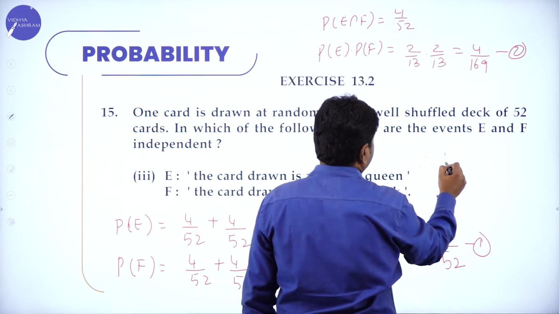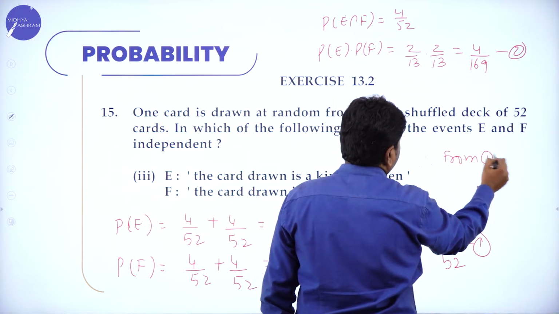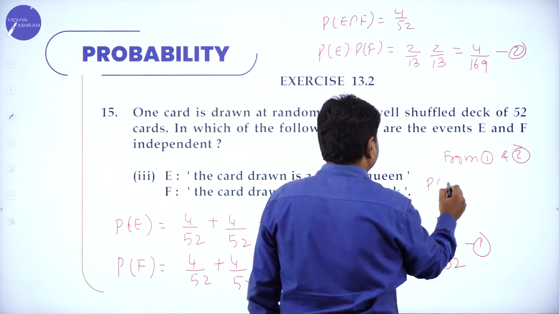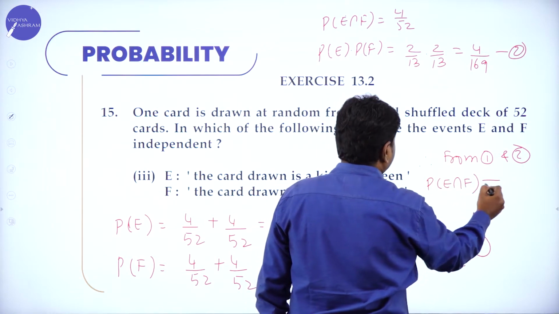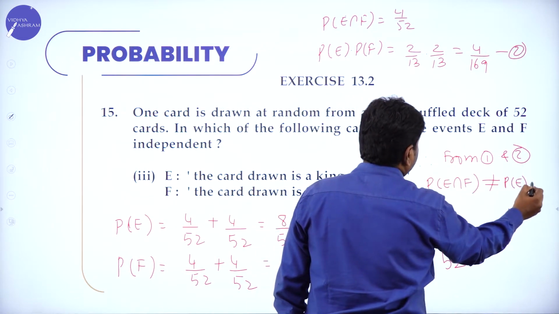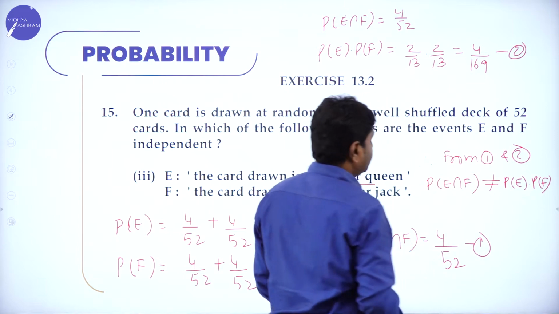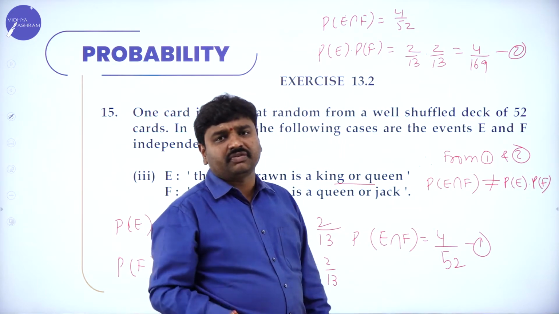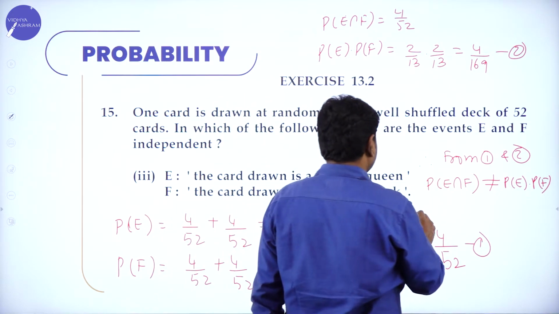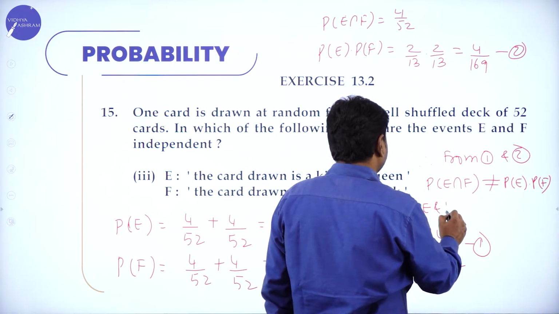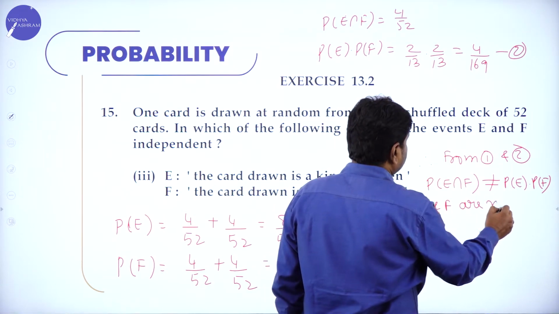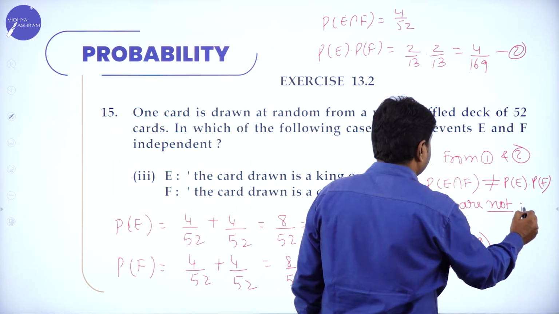Therefore from 1 and 2, P of E intersection F is not equal to P of E into P of F. So both are different. If you see the value of P of E intersection F and the value of P of E into P of F, both are different. Therefore, E and F are not independent.